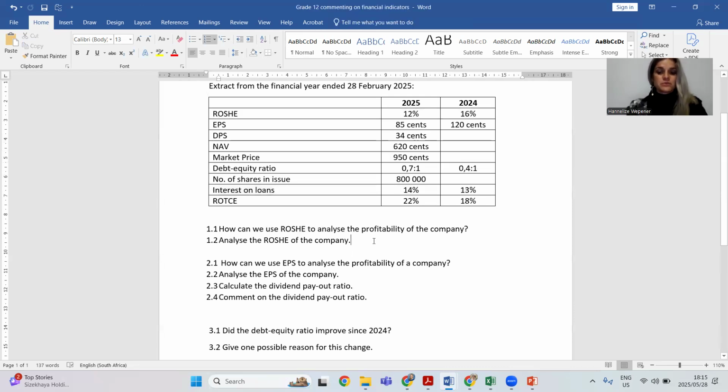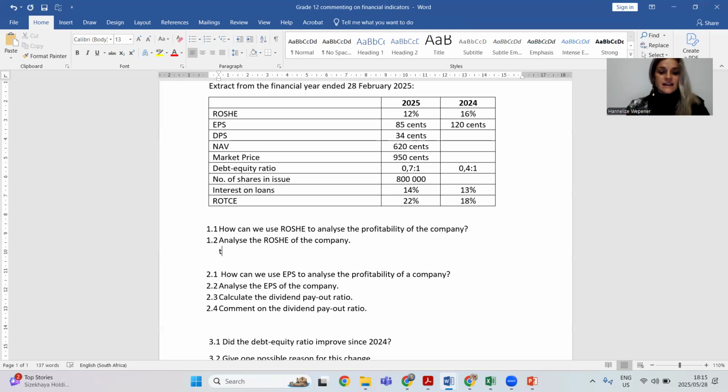So your first step would be to say that the return on shareholders' equity decreased from 16% in 2024 to 12% in 2025. So that is you now saying what the trend was. What happened? It decreased from 16% to 12%.